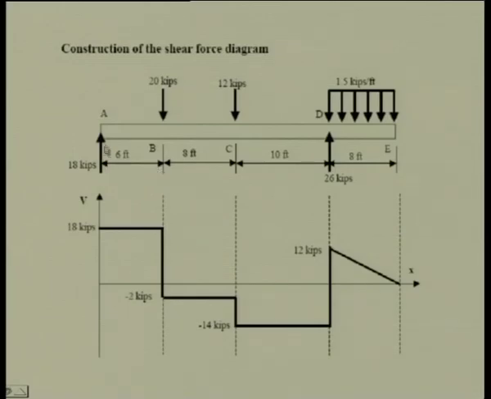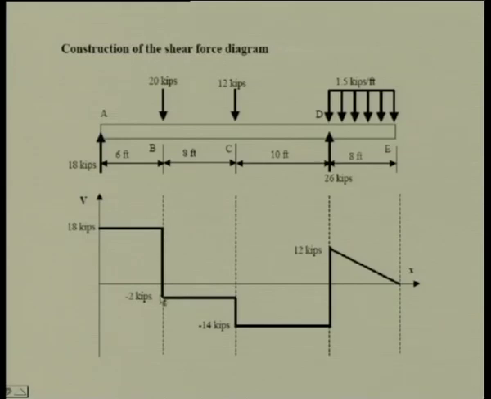So the sum of the forces from A to B is 18 kips, remaining constant, as there is no other force acting here. At this point, to this 18 kips is added another force of minus 20 kips, as a result of which there is a minus 2 kips here.